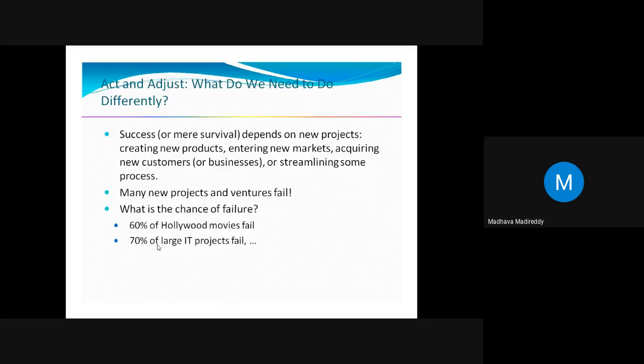Then the final quadrant is acting and adjusting. Once we know all the products that are entering into the new market, now we can make a decision. Like if you are running a chain of Starbucks coffee restaurants, now you want to design a plan and do some environmental scanning and identify where you want to open the next Starbucks franchise.